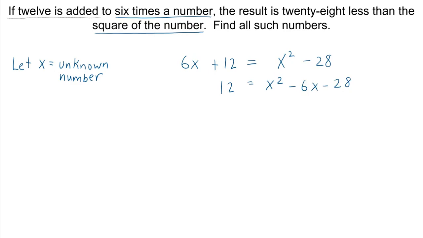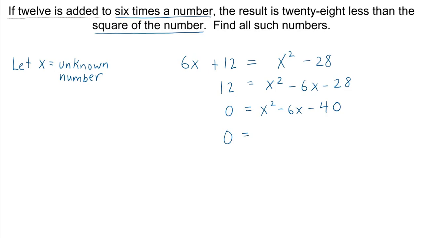Now let's subtract 12 from both sides. That'll give us 0 on the left and x squared minus 6x minus 40 on the right, because minus 28 and minus 12 combines to give us minus 40. Now we need to factor the right side of this equation.